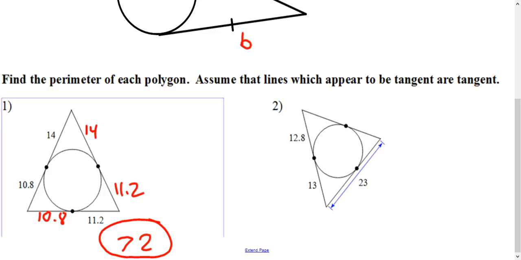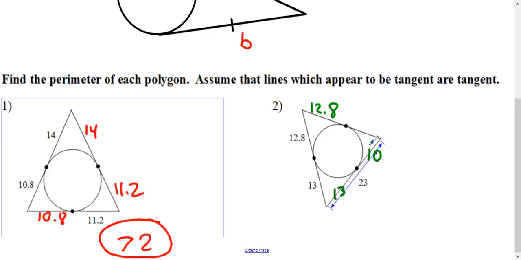So for number 2 over here, 12.8, so this is also 12.8. This side's 13, so this is also 13. Then we have the whole length is 23, so we have to do a little subtraction to figure out what's left for this other side. That's pretty easy though, 23 minus 13 is 10.